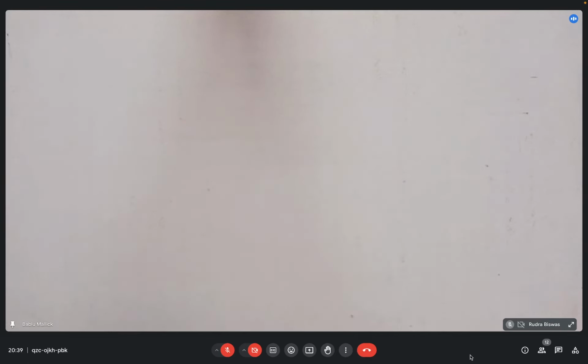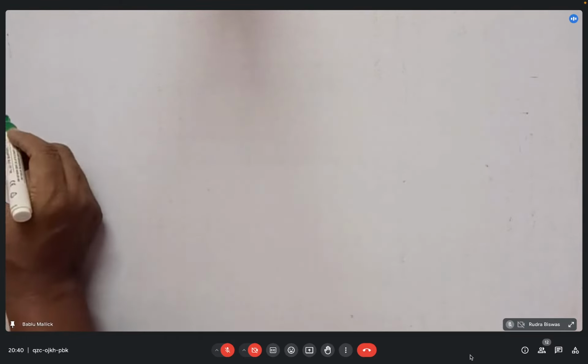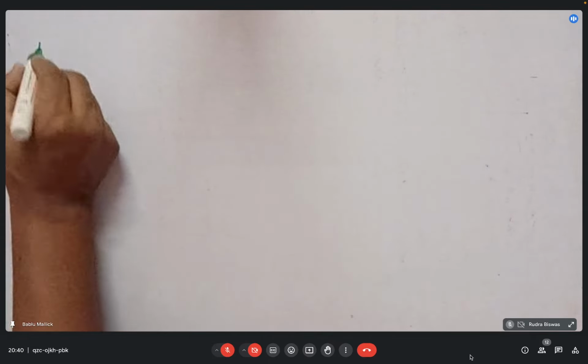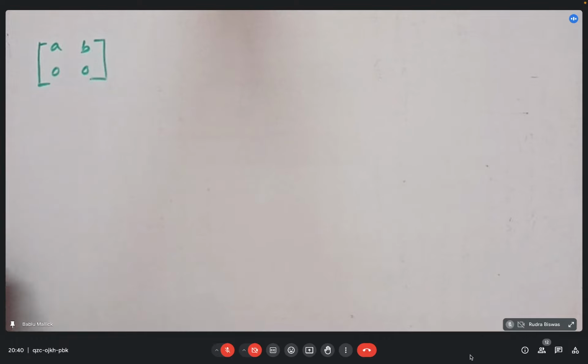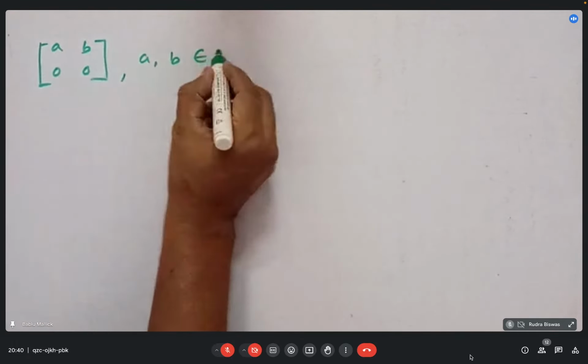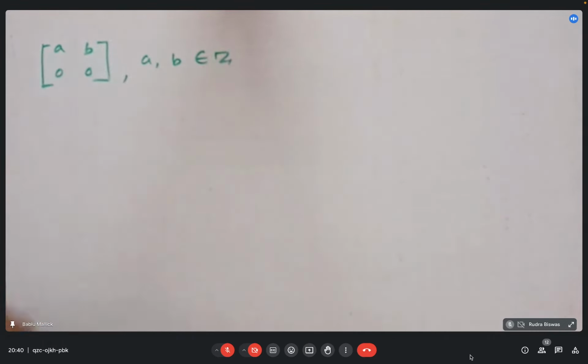So that the set of all matrices of the form A B 0 0, where A and B are integers, forms a ring under matrix addition and multiplication.